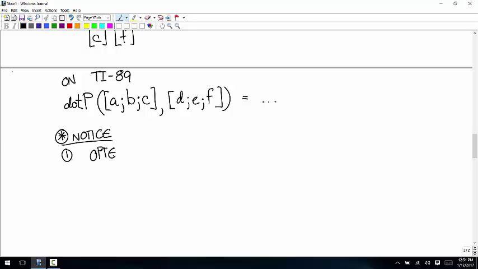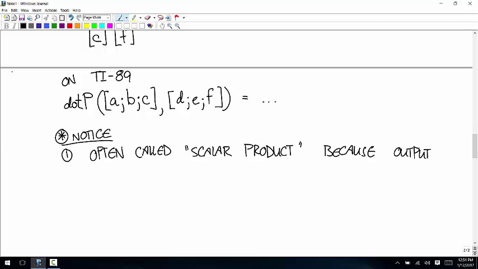It's often called the scalar product, because the output's a scalar. Second, the dot product of two perpendicular vectors is 0.